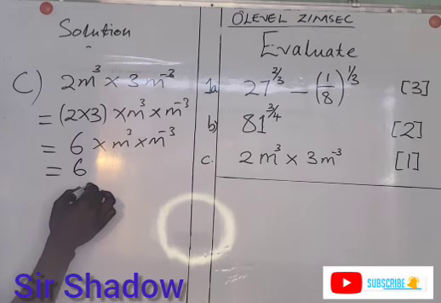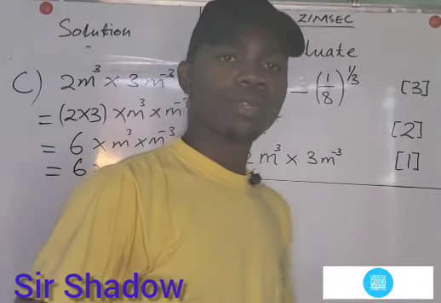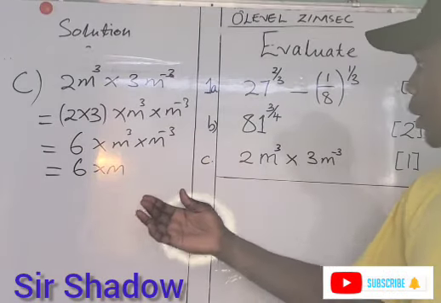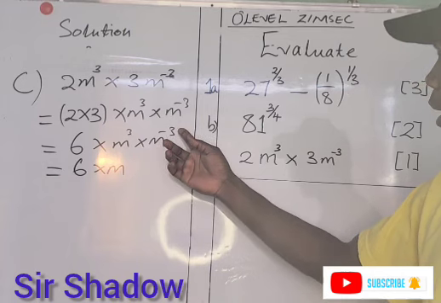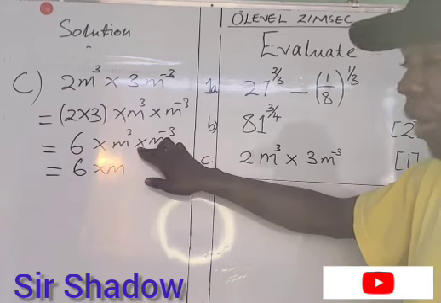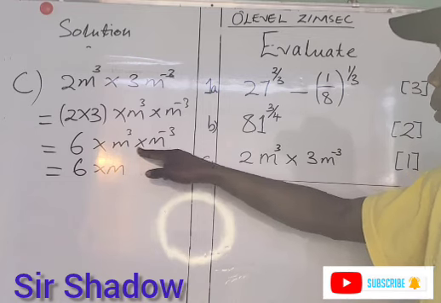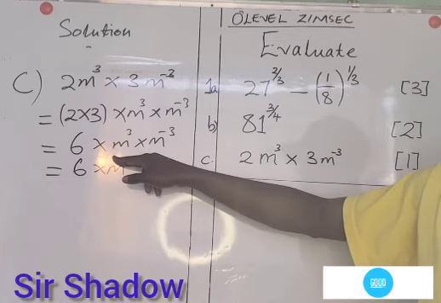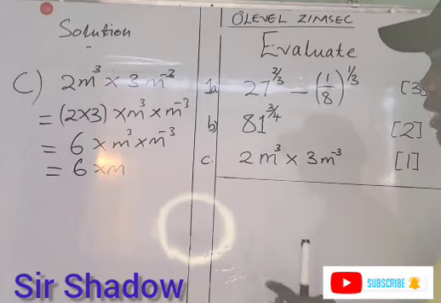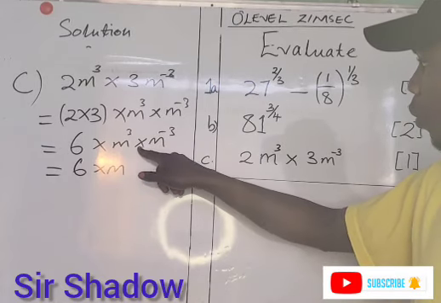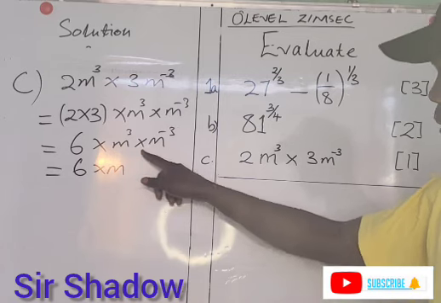So 6 times m to the power, we have to apply laws of indices here. We have m to the power 3 times m to the power minus 3. We are multiplying letters of the same base.